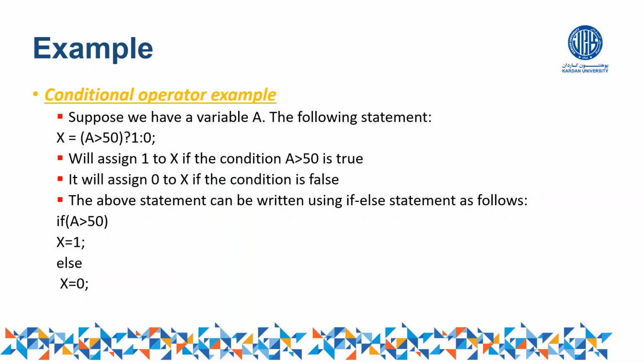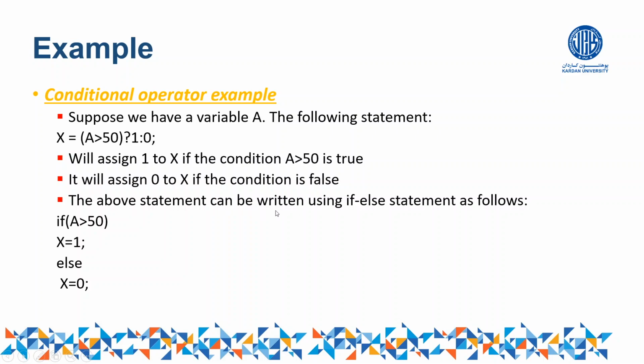Now you can see this statement we are talking about will assign 1 to x if the condition a greater than 50 is true. If the condition is false, 0 will be assigned to x.